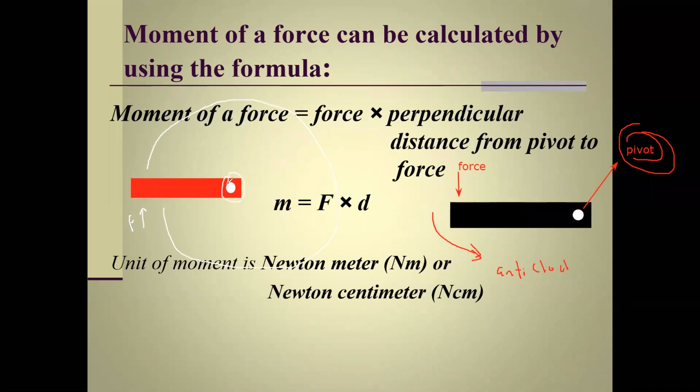This point will not move, while the rest of the object rotates. The point which is stationary, around which the object moves, refers to the pivot or fulcrum. To calculate the moment, it's force multiplied by perpendicular distance. Is it clear?